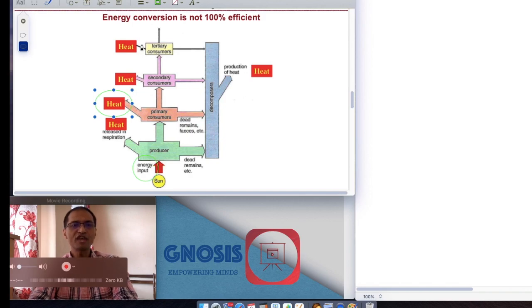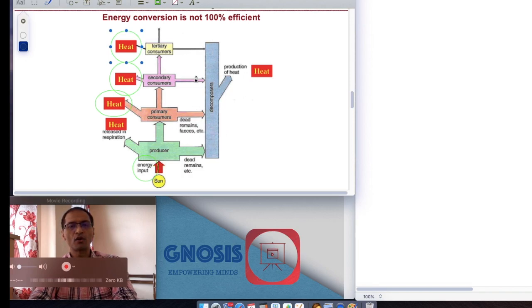So in each and every level, we have the loss of energy in the form of heat, albeit we also have the transformation of energy from one level to another level. And finally, at each level, your producers may die off. When they die off and undergo decomposition, the same happens with your primary consumers, secondary consumers and tertiary consumers.